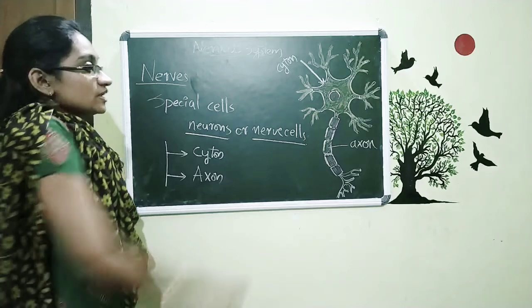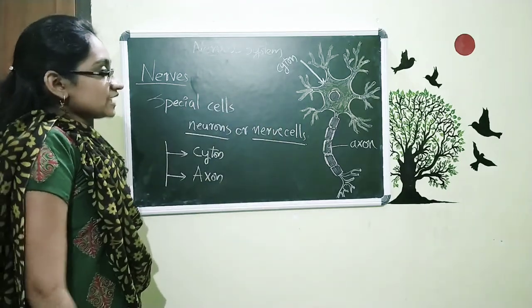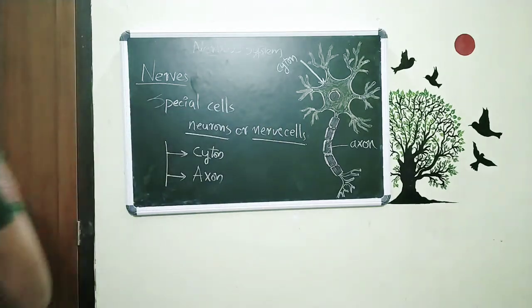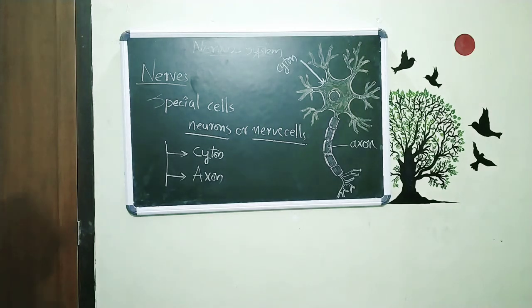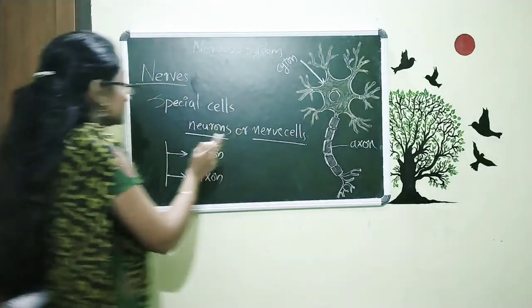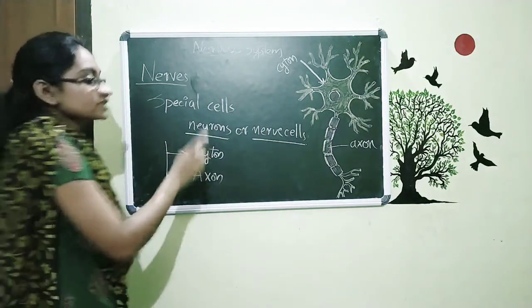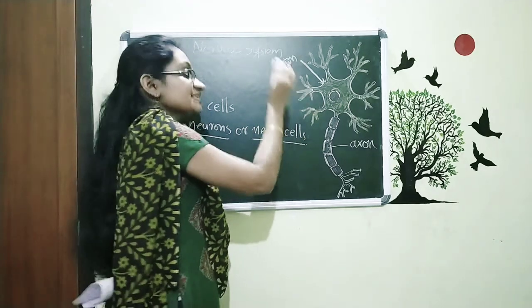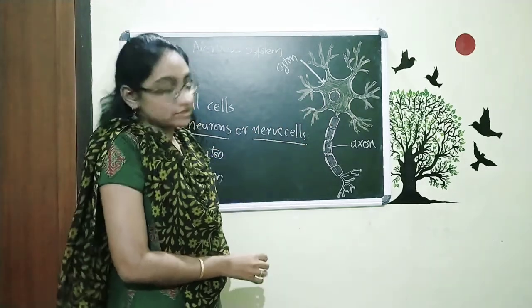Cyton and axon. You can see a neat diagram in your textbook itself, on page number 72. This is the structure of a neuron, and actually this is the cell of our nerve.